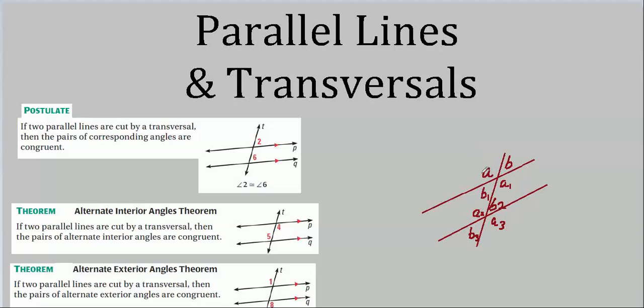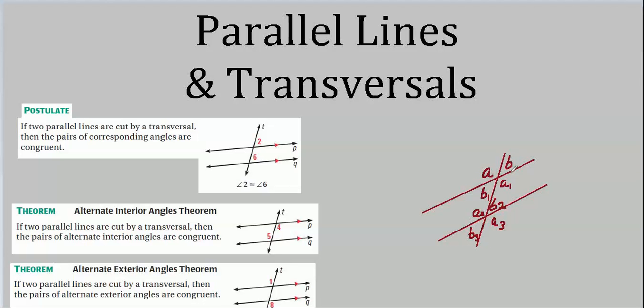Once you've got that, you combine the vertical angles with the corresponding angles postulate, and you have every single angle mapped out. The interesting thing about this is, check this one out. These are the only two distinct angles. And what can we say about these two? Well, they form a linear pair, don't they?